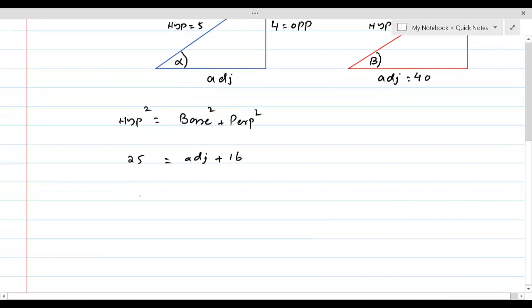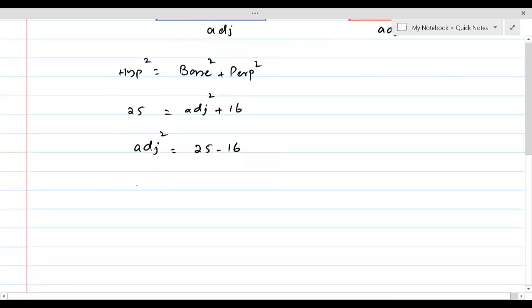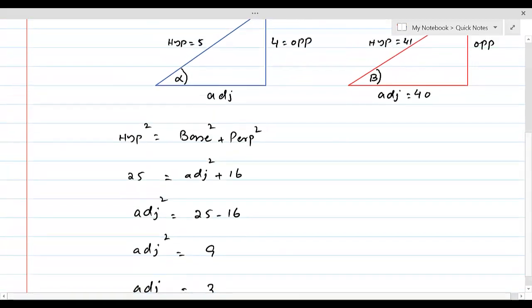So adjacent square is equal to 25 minus 16. This means adjacent square is 9, and by taking square root, adjacent will be equal to 3. Because it's a length, we'll take only the positive square root.